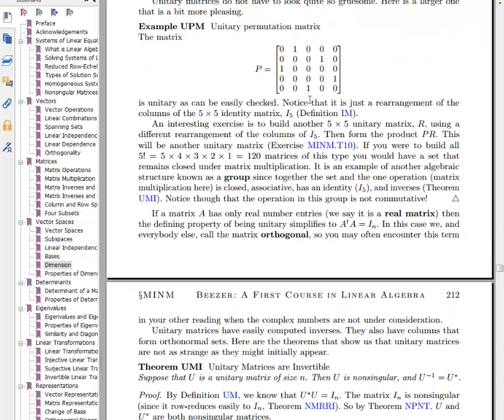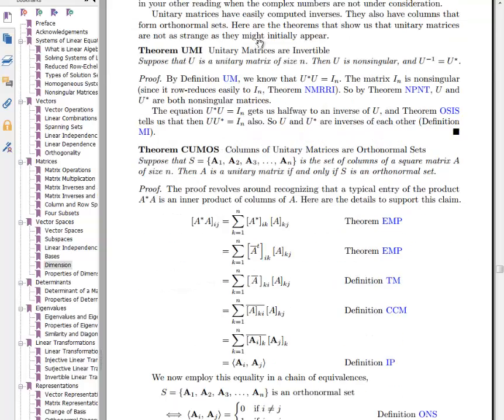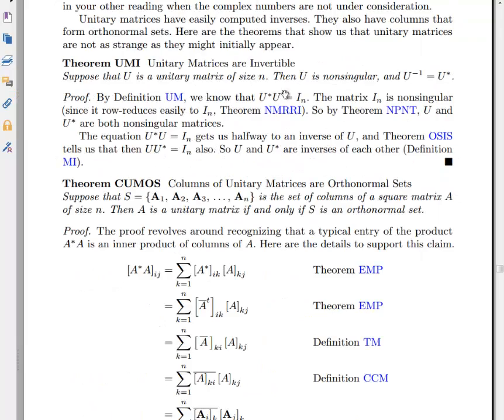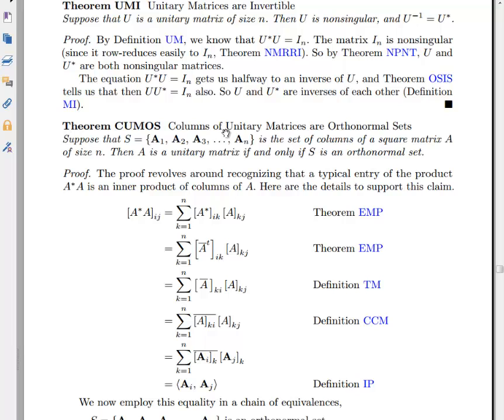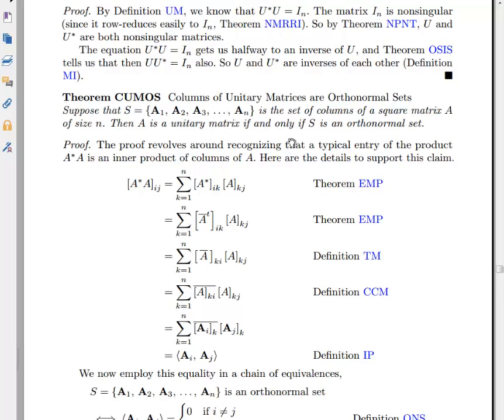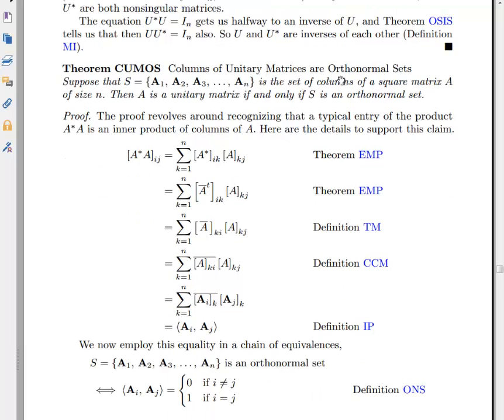One of the theorems that was proven in this section was that columns of unitary matrices are orthonormal sets. We also have a theorem that says that orthonormal or orthogonal vectors are linearly independent. So in fact, the columns of a unitary matrix also form a basis, and these vectors are orthonormal.